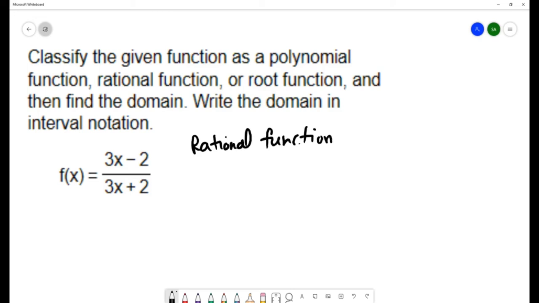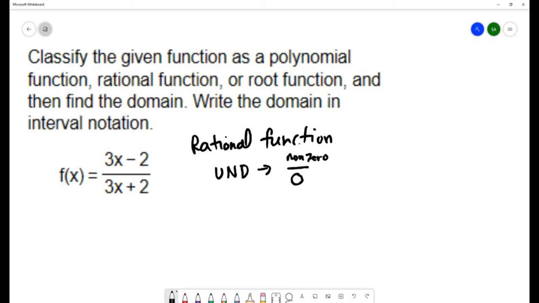Now, remember I mentioned that rational functions have a variable in the denominator. So that means they're going to have fractions in them. And fractions have sort of this one undefined situation. The undefined situation with fractions involves having a 0 in the denominator. So if you have a non-zero number divided by 0, it is undefined.